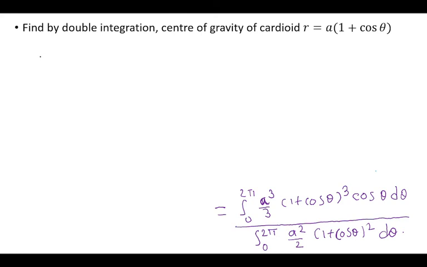So x bar is equal to the numerator a cube by 3, a constant, as it is, with 0 to 2 pi as it is, and you will observe 1 plus cos theta bracket cube now. So let me expand it: a cube plus 3a square b plus 3ab square plus b cube.